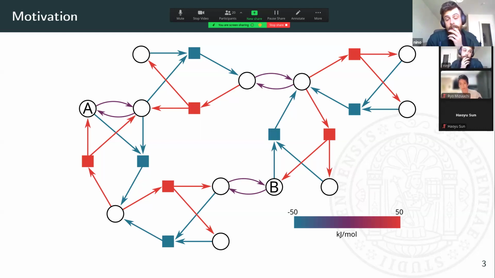Then a way to weight all these reaction edges with, for example, the energy differences of the educts and products, like the reaction free energy, and a way to find all the paths. So saying that you already have a set of educts and a set of products, then finding all the pathways, and then a way to rank these pathways accordingly.